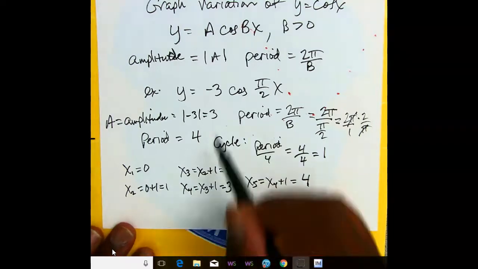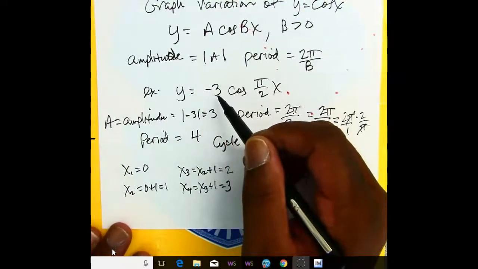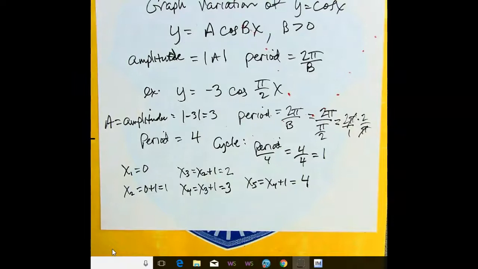Now, this negative 3 tells us that we're reflected over the x-axis. So at x equals 0, your graph will start at negative 3, so you're actually going to have a minimum value.